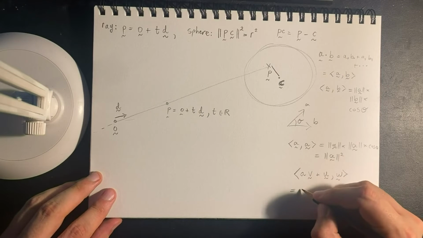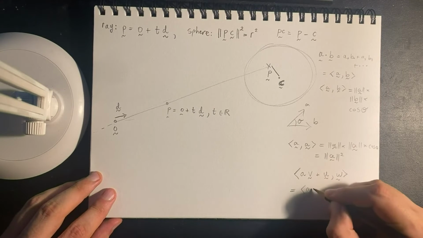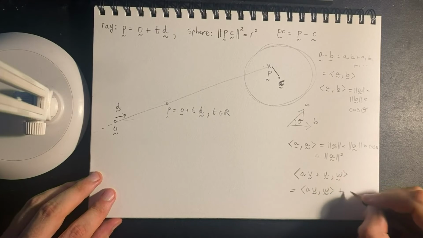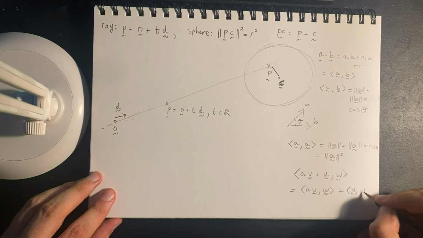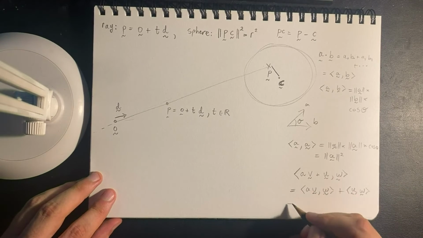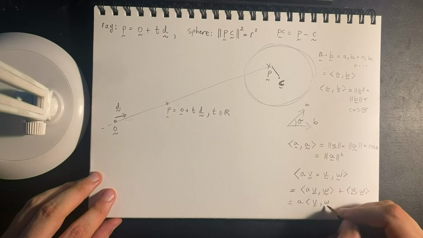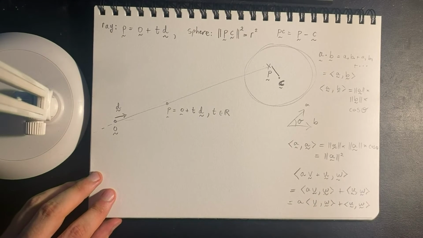So what this means is this splits up, so I can have (A plus V) dot W equal to A dot W plus V dot W, and I can also pull that scalar multiple out the front. There we go. That's the definition of a linear function. Okay, so let's bring this all together.